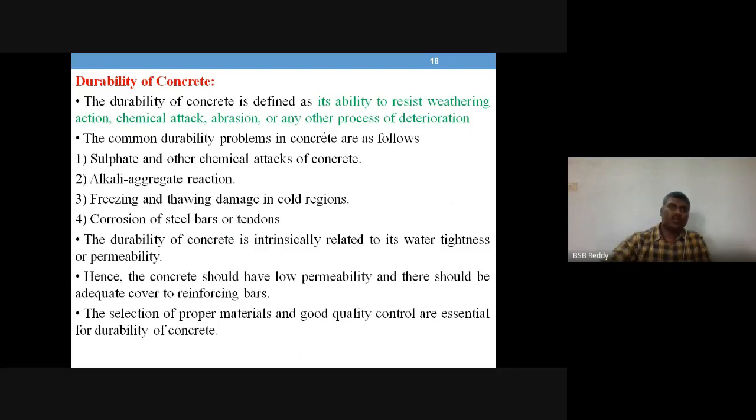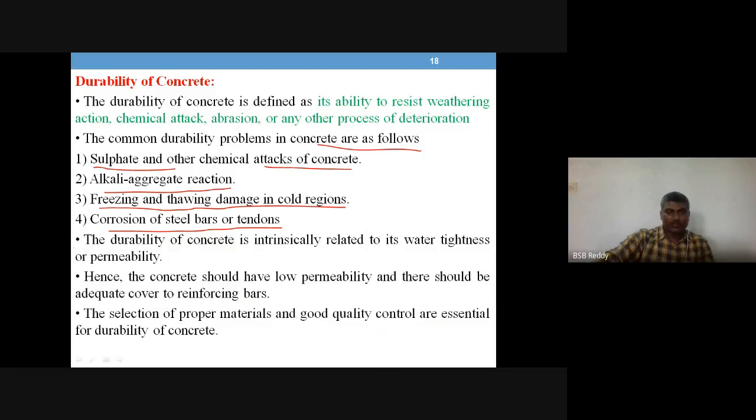Okay, so the common durability problems in concrete are as follows. Chemical attacks, particularly sulfate attack, is very dangerous to the life of the concrete. So sulfate attack or, for that matter, any other chemical attacks. Alkali aggregate reaction, which weakens the aggregate. Freezing and thawing damage in cold regions. Corrosion of steel bars or tendons. Corrosion is going to be a big problem.